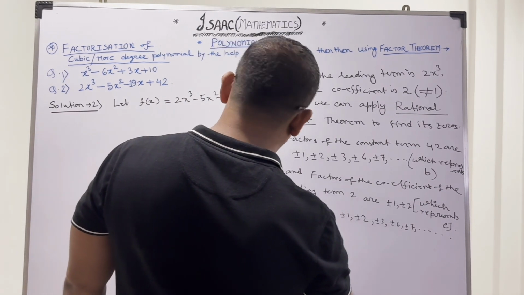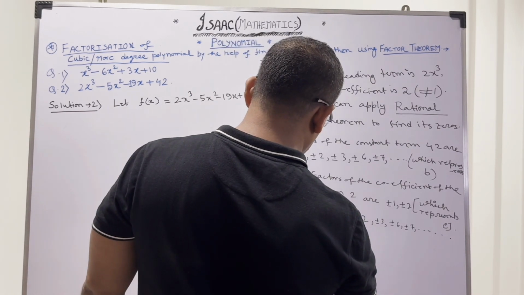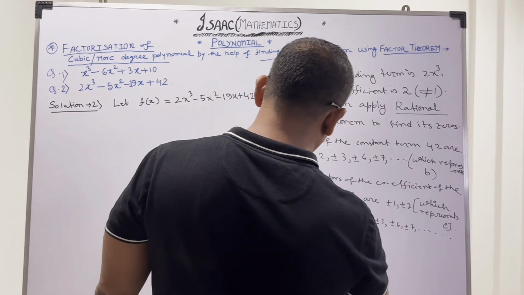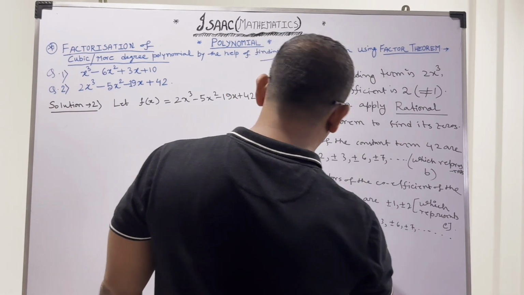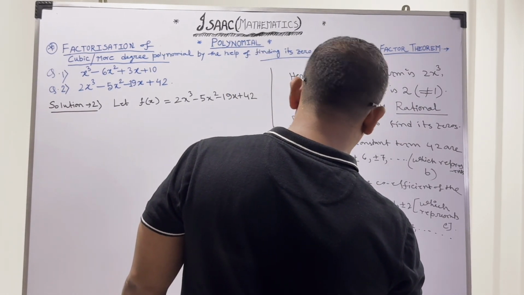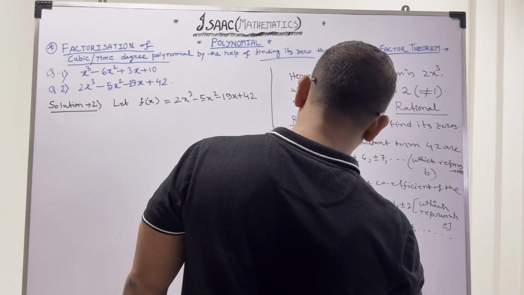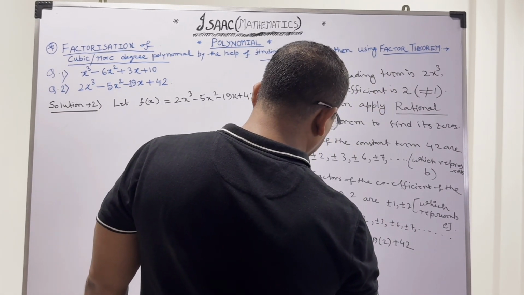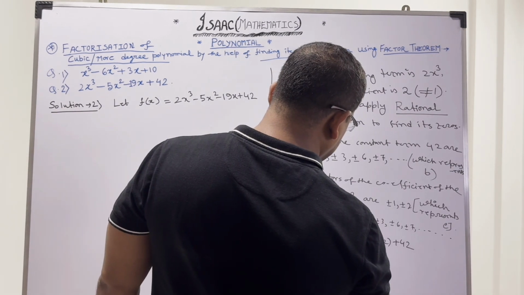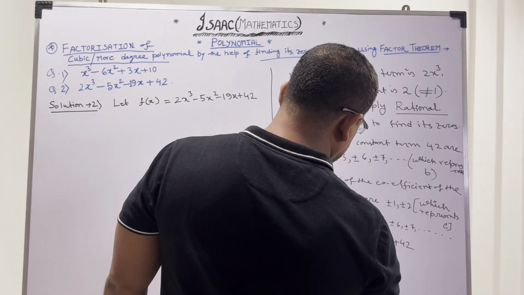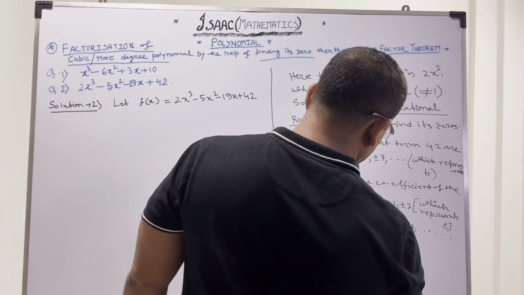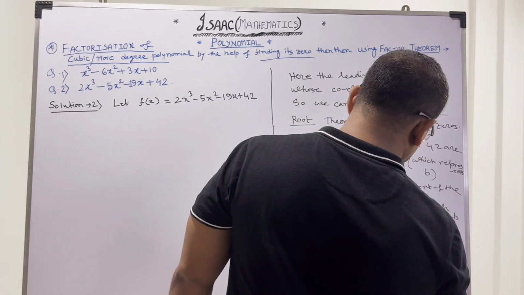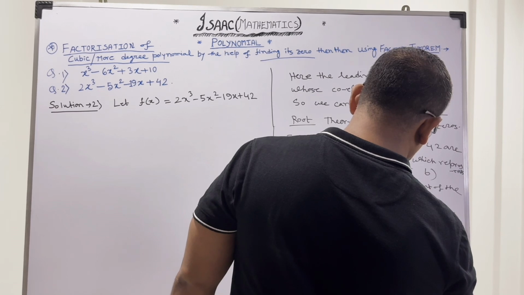f of 2 is 16 minus 20 minus 38 plus 42. This will give 58 minus 58, which gives 0.